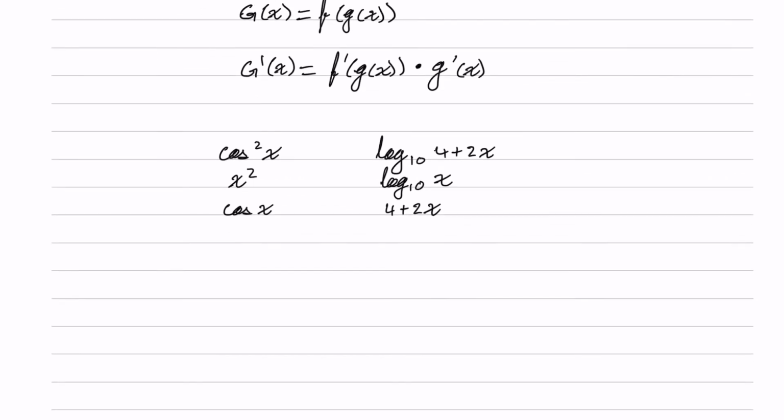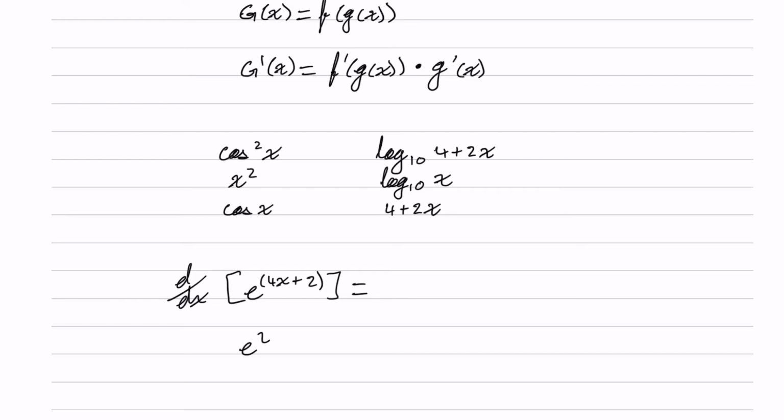So let's do a practice run of using the chain rule. So let's say we wanted to derive e to the power of 4x plus 2. So using the chain rule, we would say that the derivative in terms of x of e to the power of 4x plus 2 is equal to, well, first let's define our function.